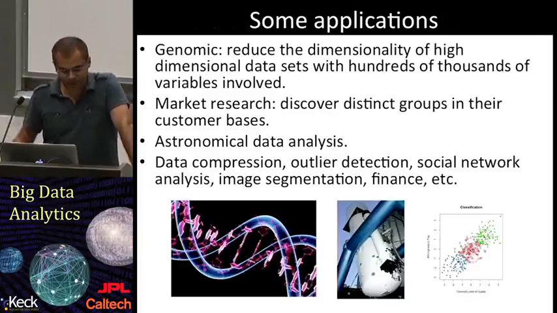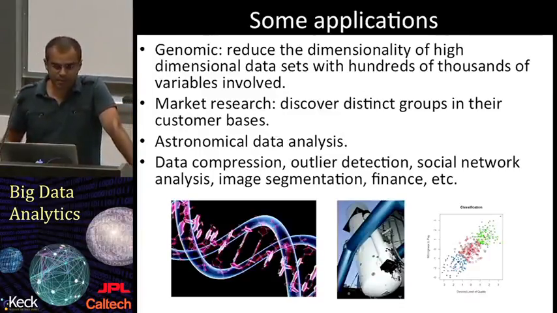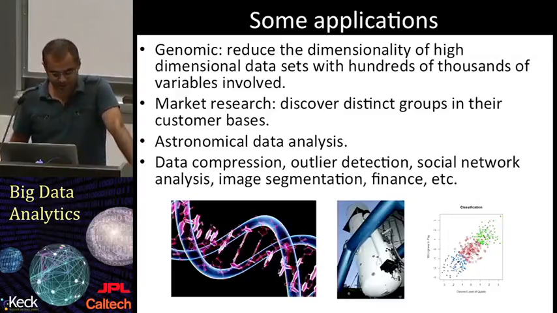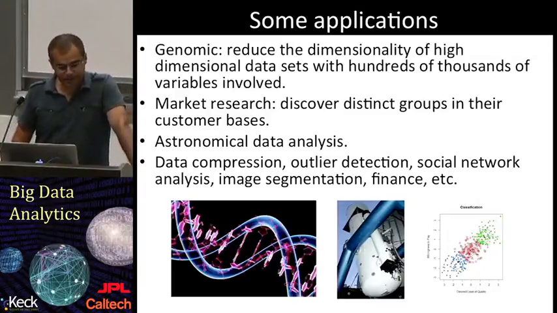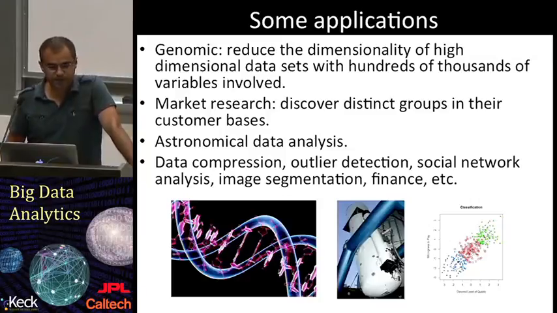Now, let's see some applications. Unsupervised models are commonly used in genomics to reduce the dimensionality of high-dimensional data sets that may contain hundreds of thousands of variables. Market research or market segmentation is another area where they are commonly used.